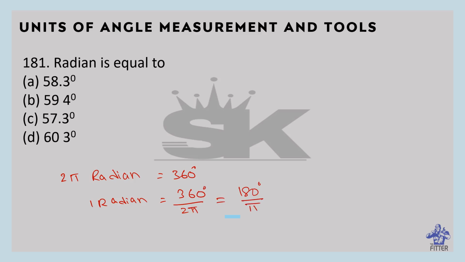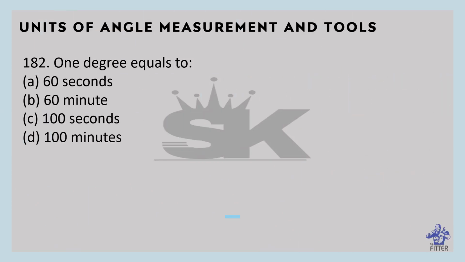So 1 radian equals 57.295 degrees. It's around 57.3 degrees. So here option C is the right answer. 1 degree equals 60 minutes.